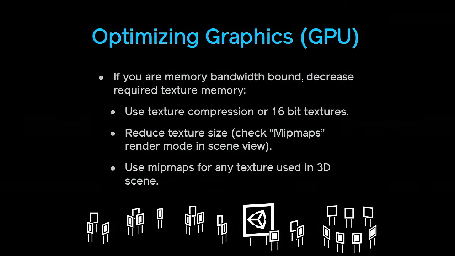So by moving your camera around in the scene view in mip-map render mode, you may find some textures that stick out as candidates for optimization by using smaller textures. And generally, make sure that you always enable mip-maps for any textures you use in the 3D scene, because that allows you to use the smallest representation needed.